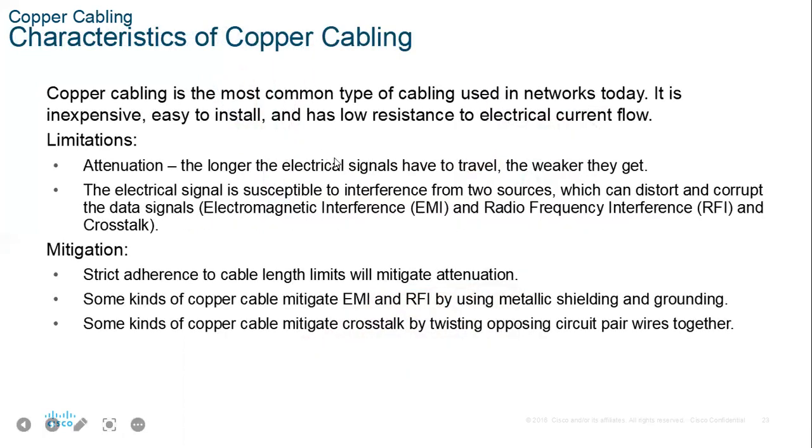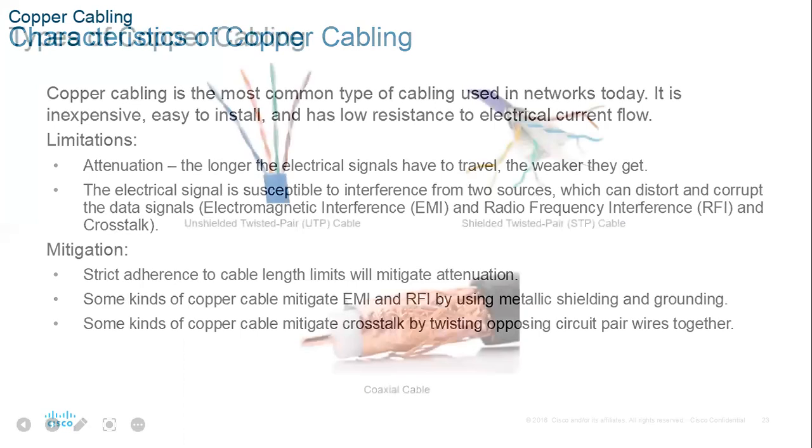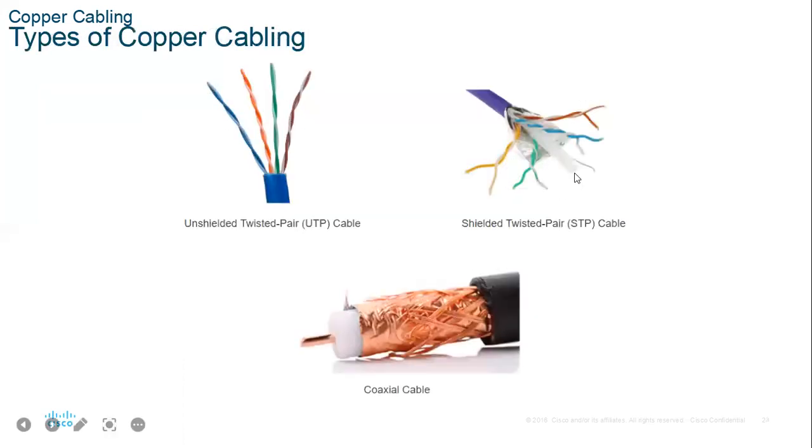Don't forget, we said one of the limitations is that electrical signal is susceptible to interference from other sources. What this shield does is shield these wires from other interference. This one does the job very well, coaxial. So you have limited interference from other signals and devices. That's why this is always very cheap compared to this, then compared to this.